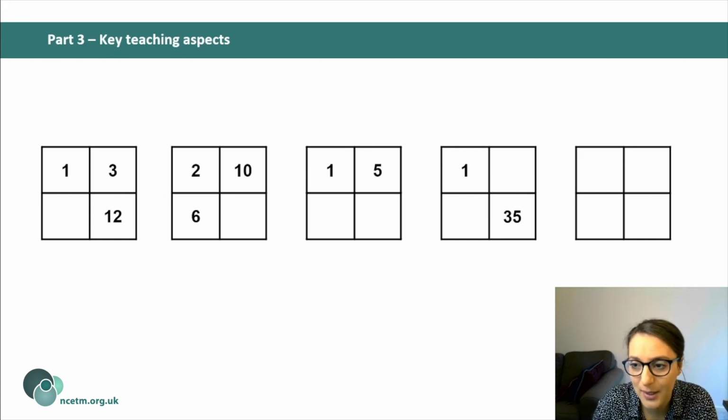But actually we had quite a good chat about that number in the top right hand box can be anything. It could be 8.2, and there would still be a single multiplier that would get us from 8.2 to 35, and therefore be able to find the 4th bit of missing information.